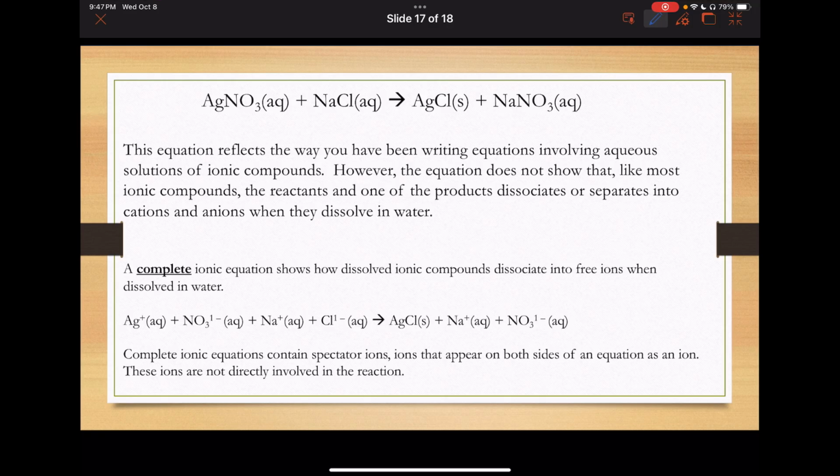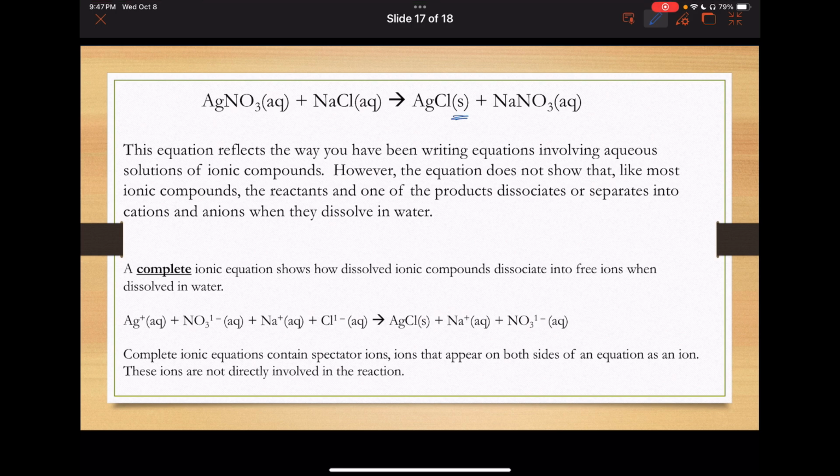So as you can see, we have AgNO3. In order to get this formula, I knew I had Ag plus 1 and NO3 minus 1. So in a complete ionic equation, it's showing you those individual ions in water. Now, again, NaCl is salt. All right, so Na and Cl, those broke apart.